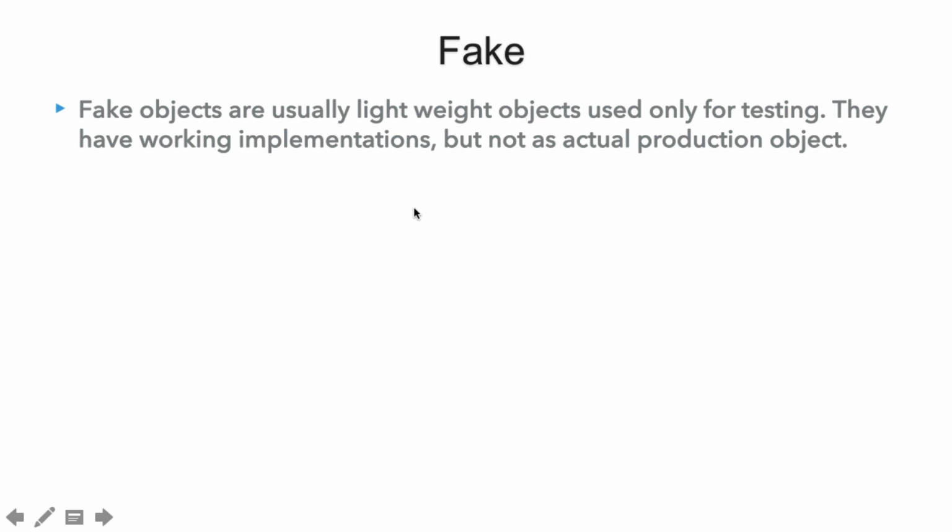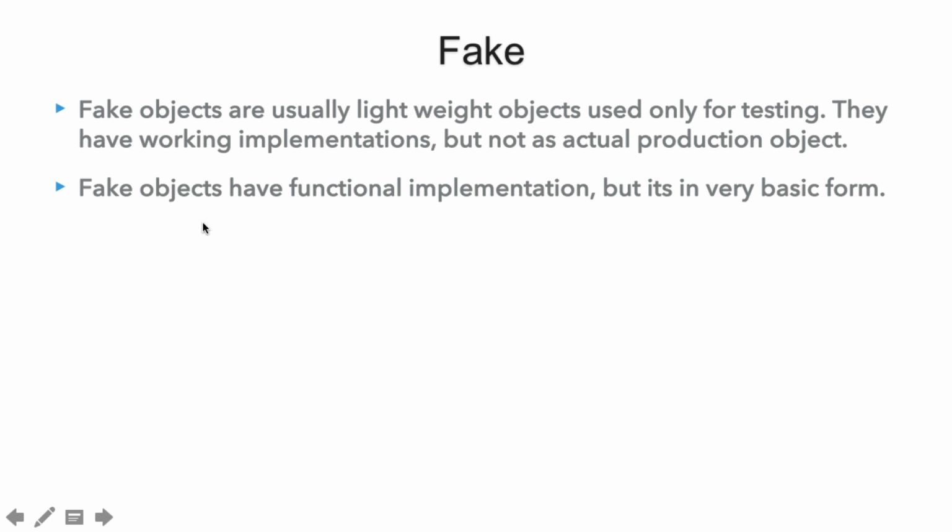We can't unit test the class because it is dealing with the actual database. So if we want to unit test the class without the database, the external dependency which is talking to the database, we usually create a fake object of it, which is a lightweight object. It has some working implementation, but it is not an actual production object because it is not talking to the database.